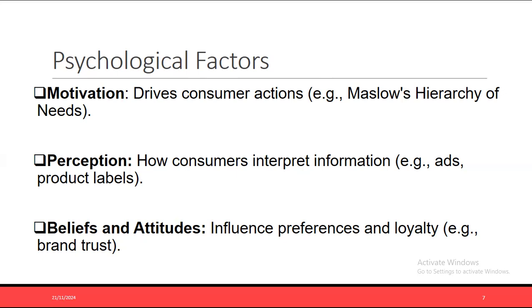And this informs the psychological factors that affect their behavior. There's also the issue of the consumer's beliefs and attitudes. These factors influence the preferences and the loyalty of the consumer.